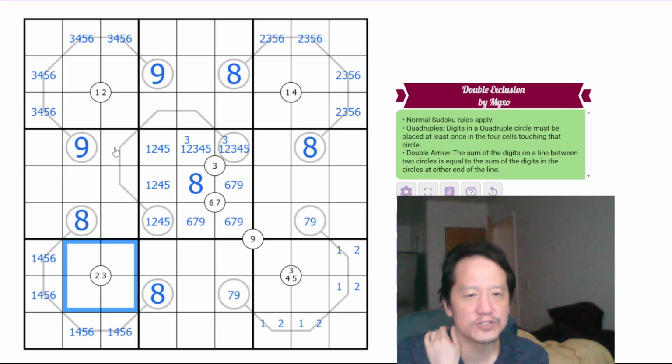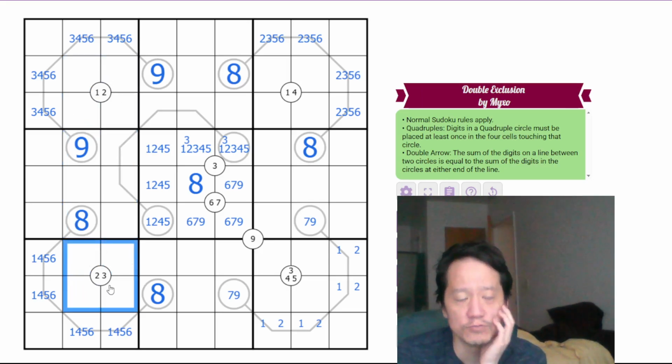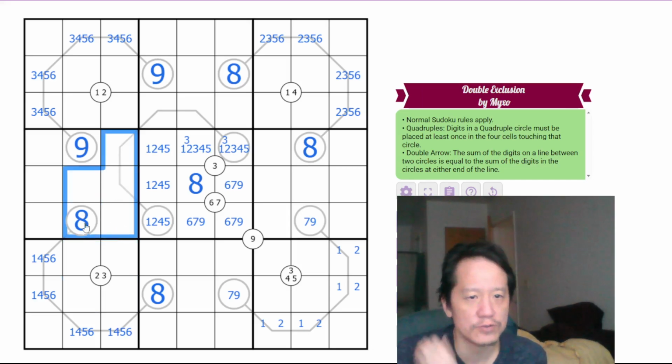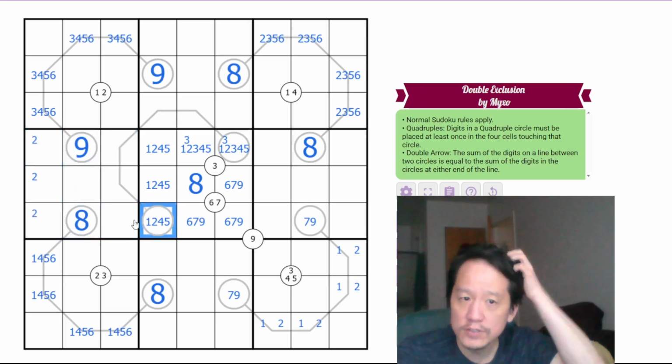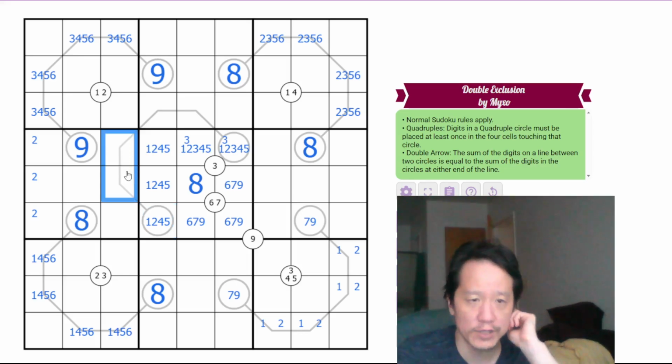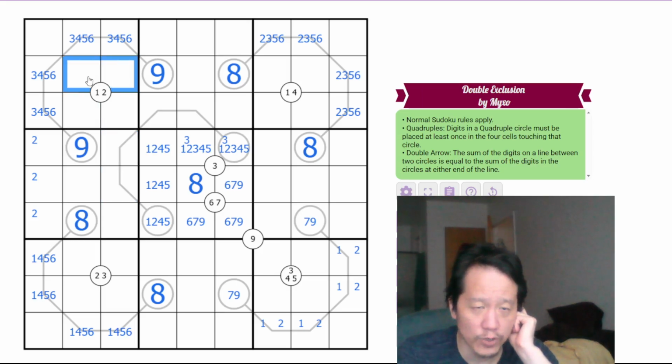So that eliminates 2 from the rest of rows 2 or 3, because we have 2 2s already set in those 2 rows. So these cannot be 2. Whereas a 2 in this box here, then, it has to be one of these 3 cells. So this is at minimum 1 and 3 adding together.